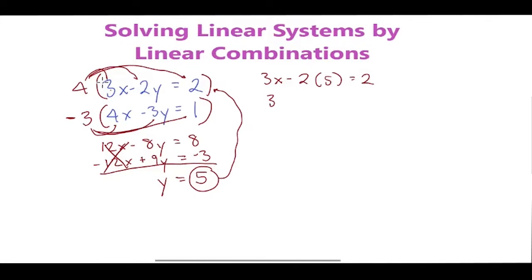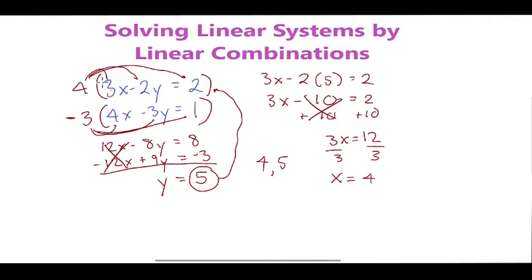Well, now I have 3x minus 10 equals 2. I'm going to add 10 to both sides. Those 10s cancel. I'm left with 3x equals 12. I'll divide both sides by 3, and x equals 4. So now my ordered pair is (4, 5).